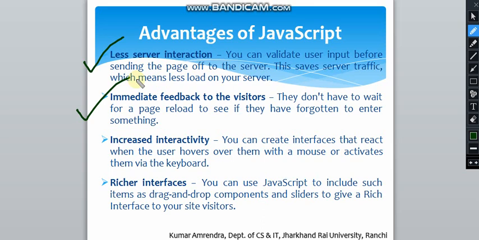The next advantage is increased interactivity. You can create interfaces that react when the user hovers over them with a mouse or activates them via the keyboard. That means whenever we hover the mouse over an interface, that is an event, and we are hovering over the interface. If we see the yellow color here, we are hovering over the interface.